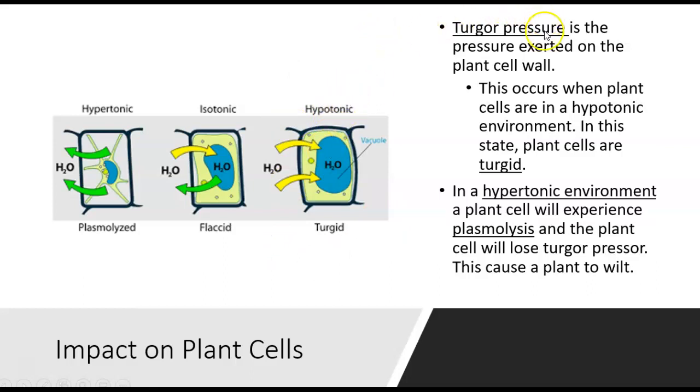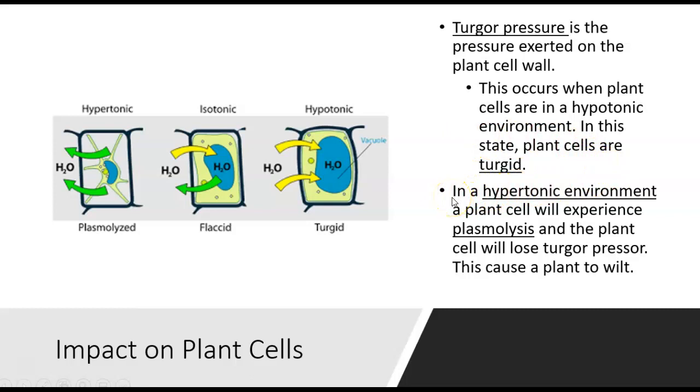So turgor pressure is basically pressure that's exerted on the plant cell wall. So this is a piece of celery that's going to crack when you break it. It's full of water. It's very happy. So this occurs when the plants are in the hypotonic environment, and in this state, the plant cells are considered turgid.